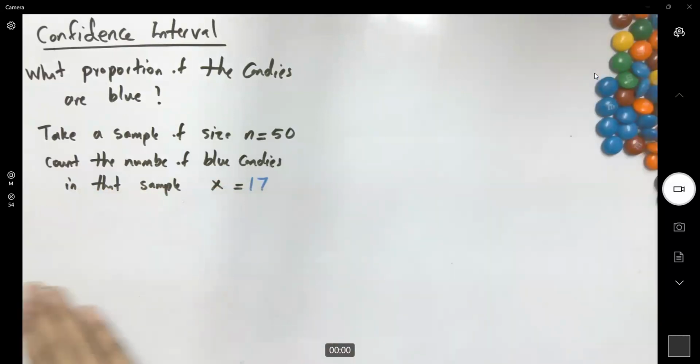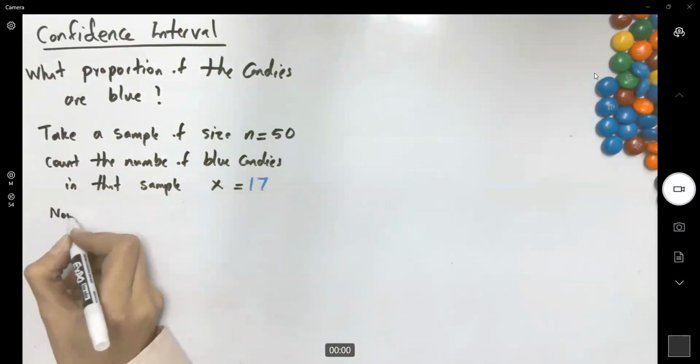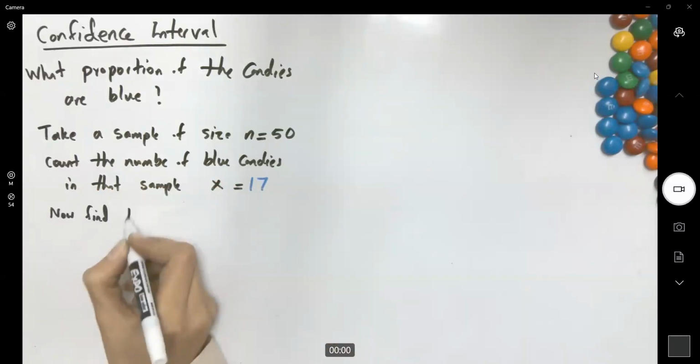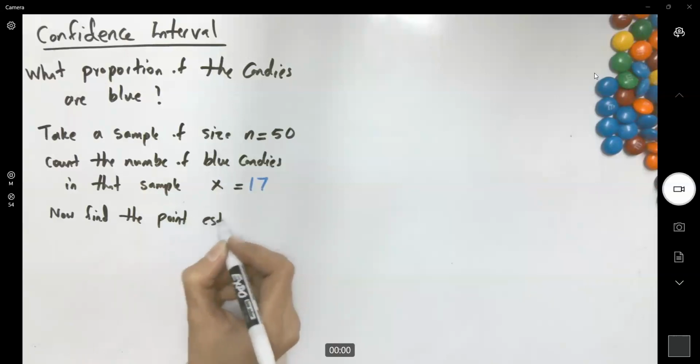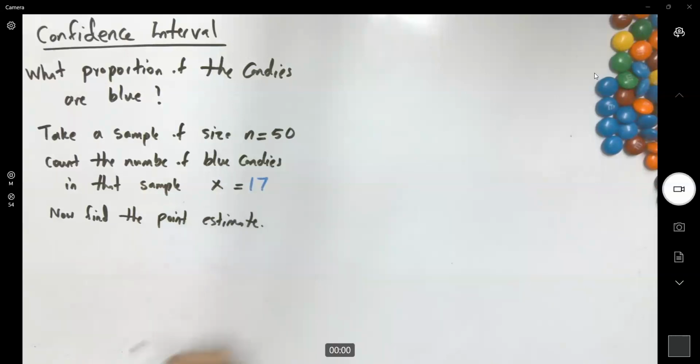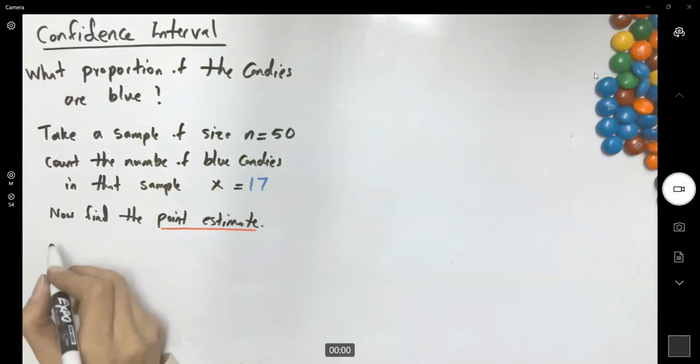In the next step, you need to find the point estimate. Well, what is a point estimate? A point estimate is an unbiased estimation for the population using the sample.